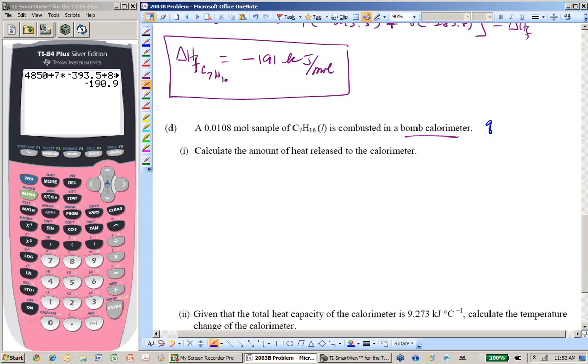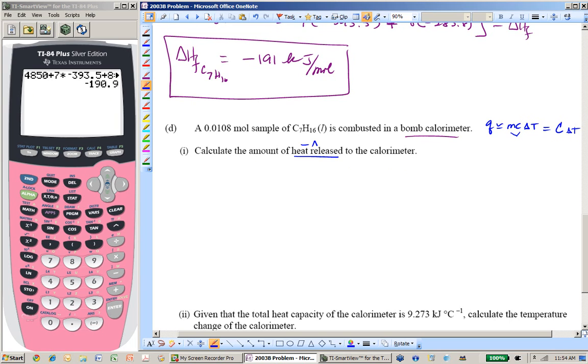Normally, we do Q equals MC delta T. But in a bomb calorimeter, this is combined into Q equals C delta T, big capital C. Because the mass of the container and the specific heat of the container is the bomb, and the bomb is a structure that we know, and so we just stamp it right there on the device, and there you have it. That's the combo of its mass and its actual amount there.